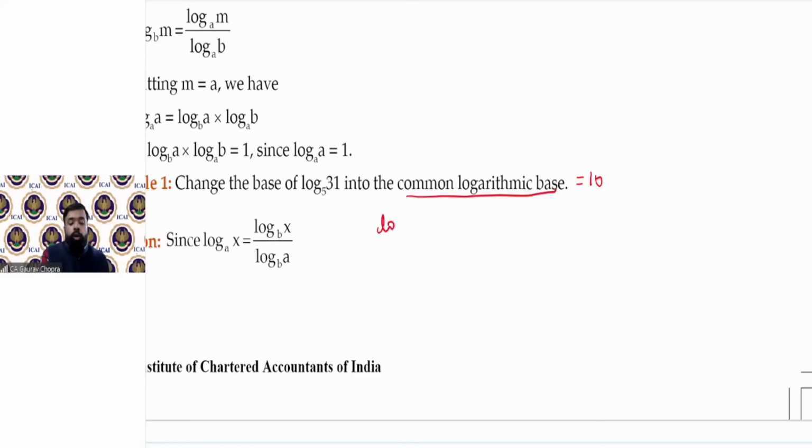So log of 31 base 5. So what do you have to do in both? You have to do the breakup. So it will be log 31 base 10 upon log of 5 base 10. So here the breakup has happened in both. In this way, you can easily apply the breakup. Understood, everyone?